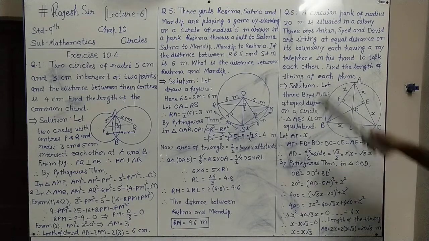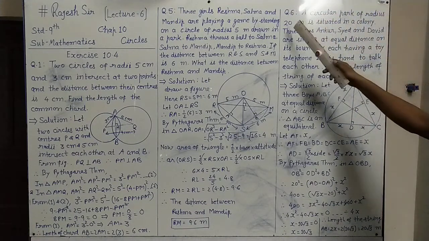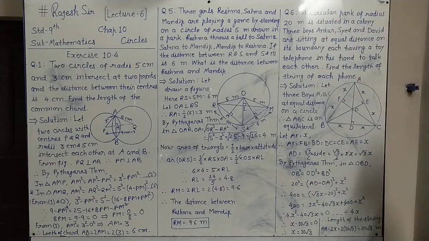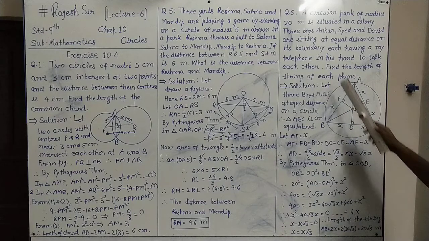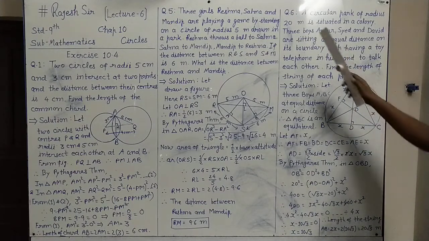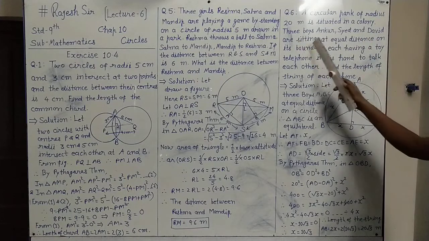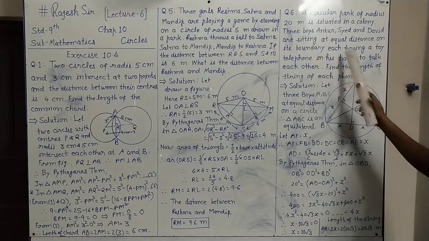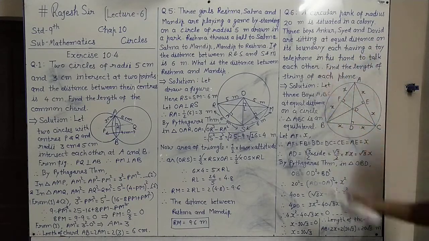Next, question 6. We have a circular park of radius 20 meter situated in a colony. Here we have shown this circular park of 20 meter radius. Three boys, Ankur, Sayyid and David, are sitting at equal distance on its boundary, each having a toy telephone.